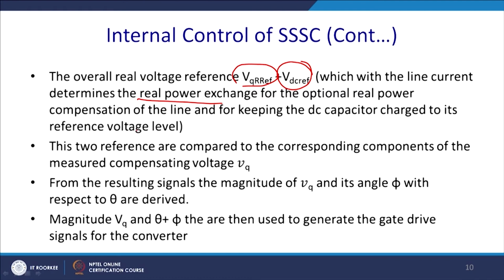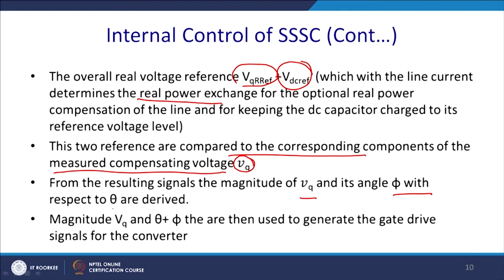These 2 references are compared to the corresponding components of the measured compensation voltage VQ. From the resulting signals, the magnitude VQ and its angle phi with respect to theta is derived.